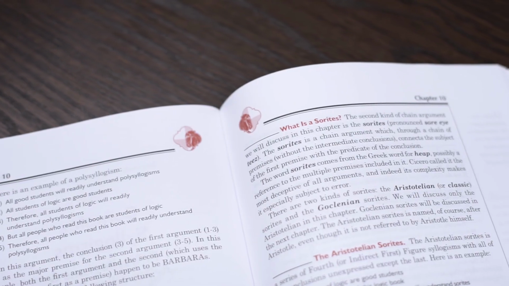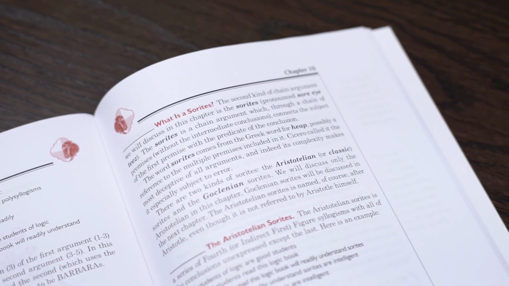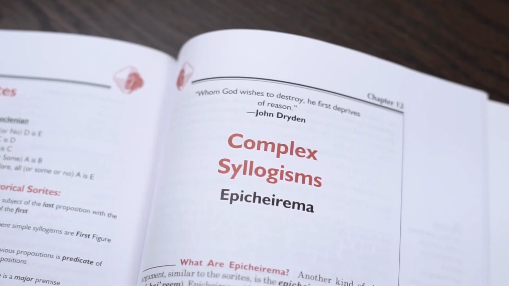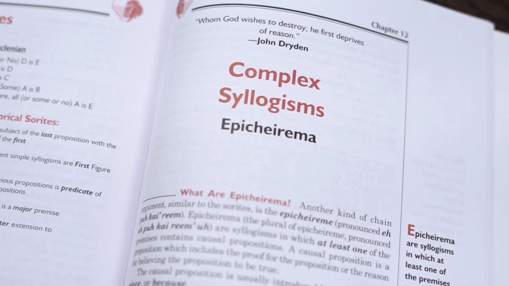Then you go on into the complex forms of reasoning, of both categorical and hypothetical kinds of arguments. There are all kinds of exotic forms, but they're used all the time: sorites and epicheirema. These appear in the Bible and in all kinds of literature, and you just don't recognize them because you don't know what to label them.